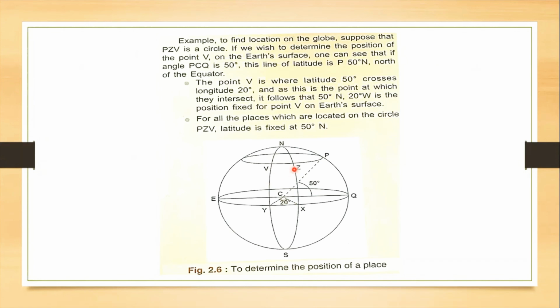So this imaginary point V lies at 50 degree north, because it is in the northern hemisphere, and 20 degree west, because it is on the western side. So 20 degree west is the position fixed for point V on Earth. This is how we calculate longitude and latitude.